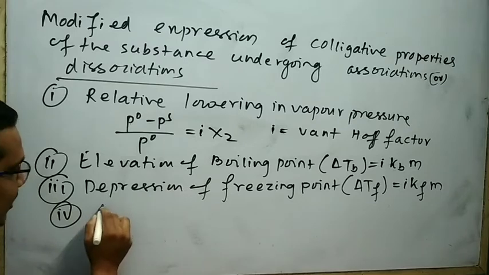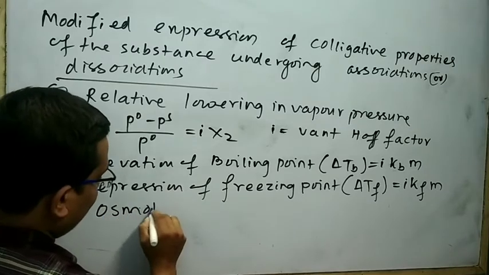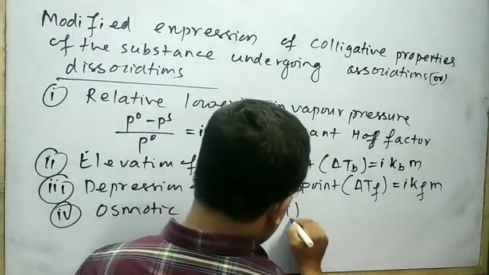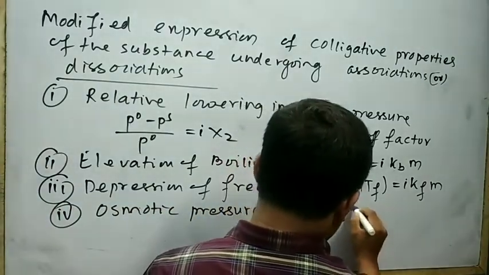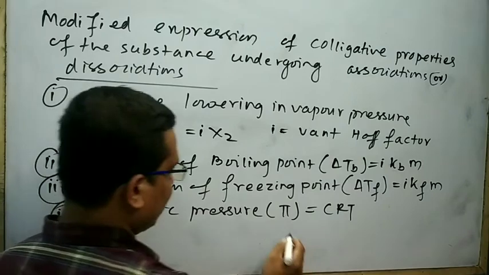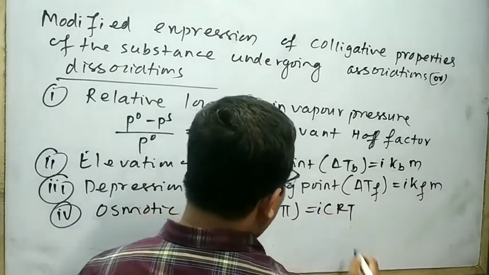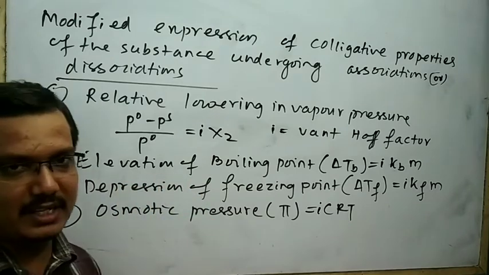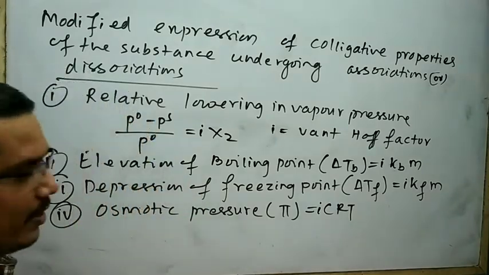Similarly, osmotic pressure pi equal to CRT, but the modified expression is pi equal to iCRT. These are the modified expressions of colligative properties.